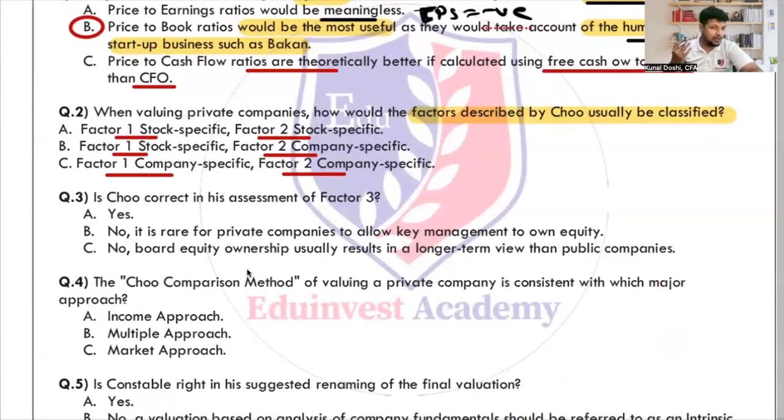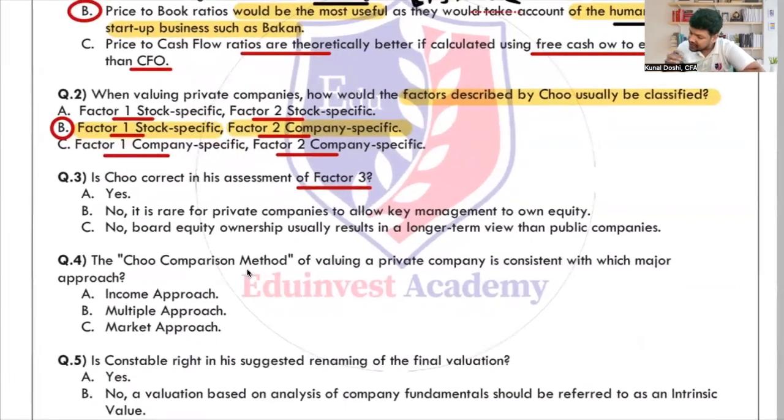So my answer will be: factor one is stock specific, factor two is not. Clear, everyone? B. Why is B the answer? Next, is Chu correct in his assessment of factor three? The answer is yes, no. It's rare for private companies to allow key management to own equity.